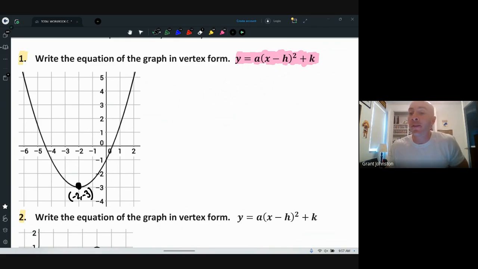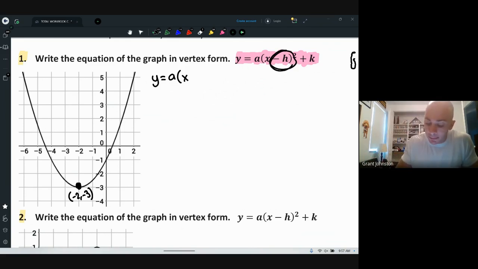So let's put that vertex in the equation for h and k. I'm going to have y equals, for now, just a, parentheses, x. Since it's -2, remember, I'm circling here, it's opposite h.